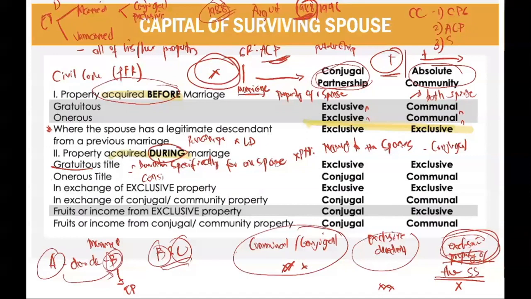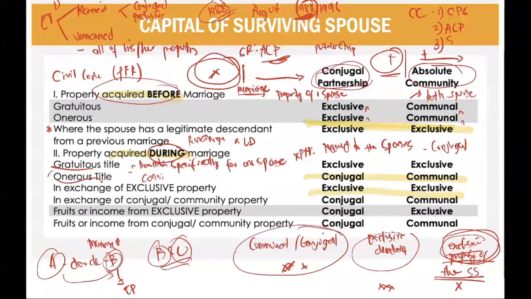So the consideration you use to acquire that particular property by onerous title came from your conjugal or communal property. That's why it will be considered conjugal or communal. Next, in exchange of exclusive property, since you acquire a property now by onerous title, but with your own exclusive property, it is considered exclusive.